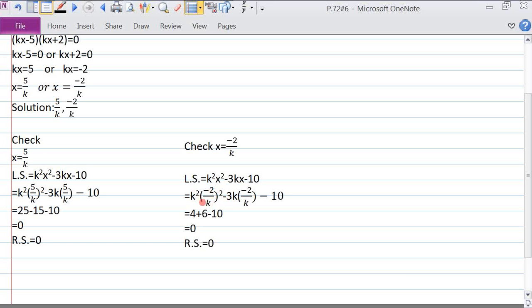So the k squared cancels, and I have 4 here. This, the k here on the numerator, on the denominator and the numerator cancel. Minus 3 times minus 2 is plus 6. And we have minus 10. So 4 and 6 is 10. 10 minus 10 equals 0. And the right side equals 0.